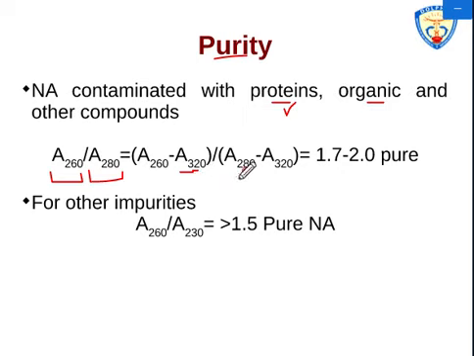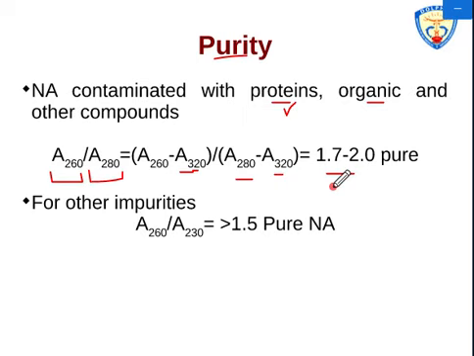Similarly, absorption at 280 nanometers, which we are checking for protein contamination, minus the absorption at 320 nanometers gives us the final value at 280 nanometers. Now when we divide these two values, we should get a ratio between 1.7 and 2. So the ratio should be between 1.7 and 2.